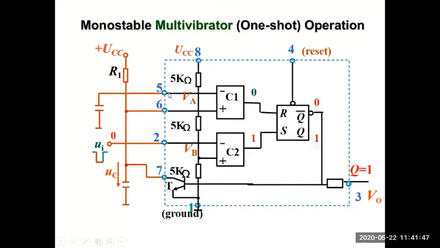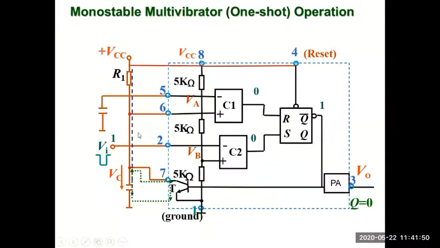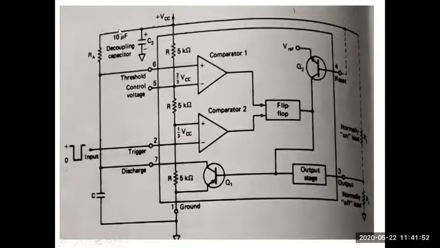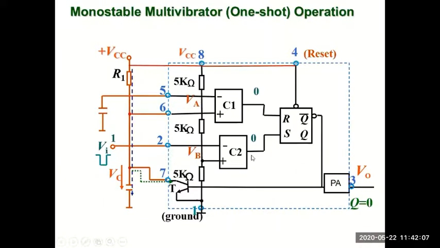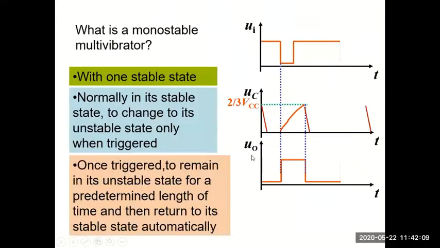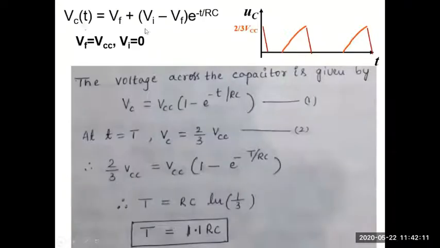If you allow this capacitor to charge completely, after 2/3 the output changes, and it is not allowed. If at all it was allowed, it would have reached the level Vcc. That's why the final voltage is Vcc and the initial voltage at the capacitor is 0. So Vi is 0, Vf is Vcc.